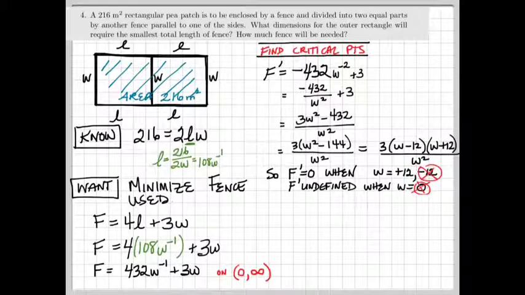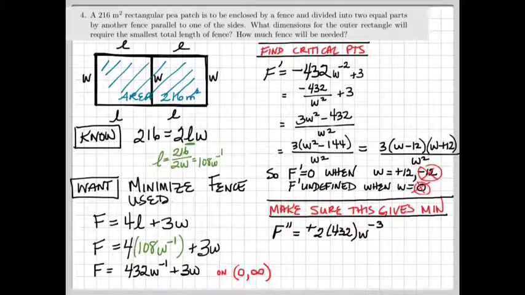We just have to verify that this gives us a minimum fence length. I recommend the second derivative test again. So the second derivative will bring negative 2 times negative 432 to give us positive 2 times 432 W to the negative 3.